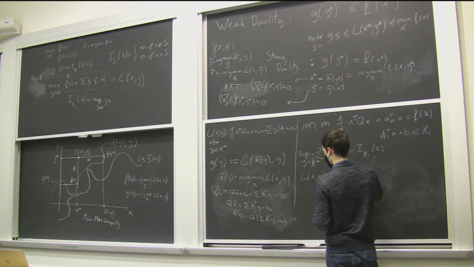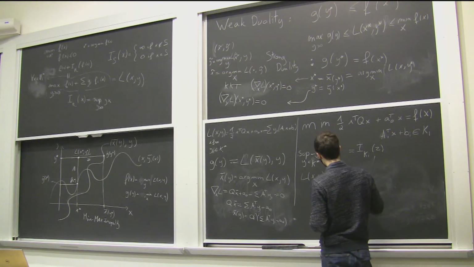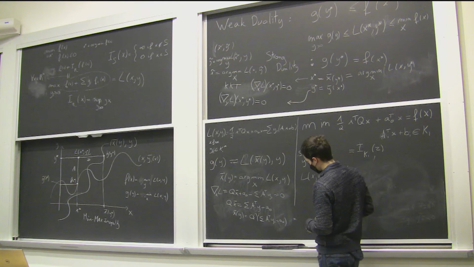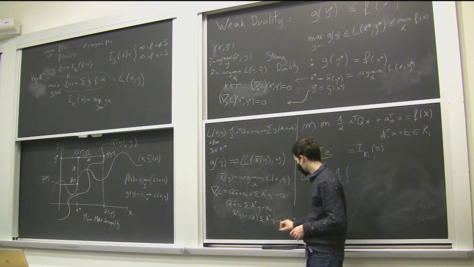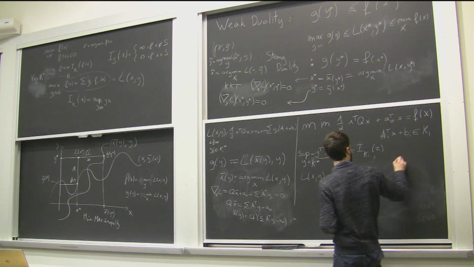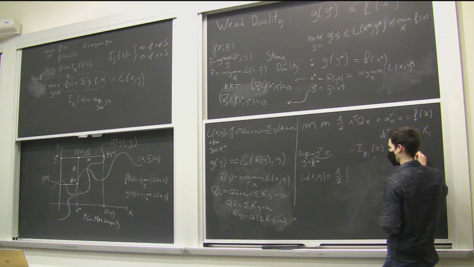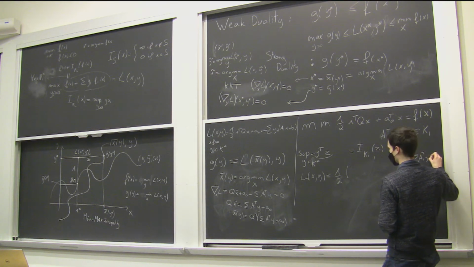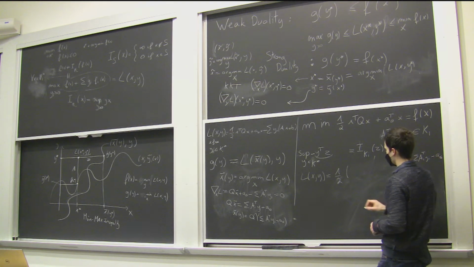Let's call this z. Let's say z equals sum of the ai yi minus a0, just to simplify the notation.